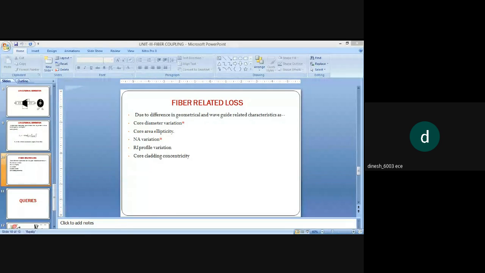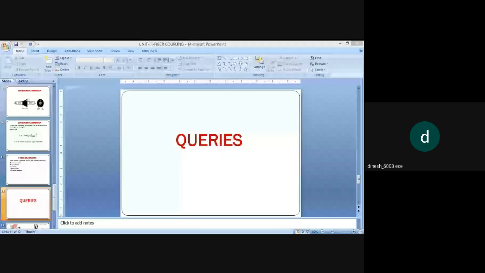So this is about your fiber coupling. Any queries in the fiber coupling, you can type in the chat box. 5 to 6 minutes of time will be given.